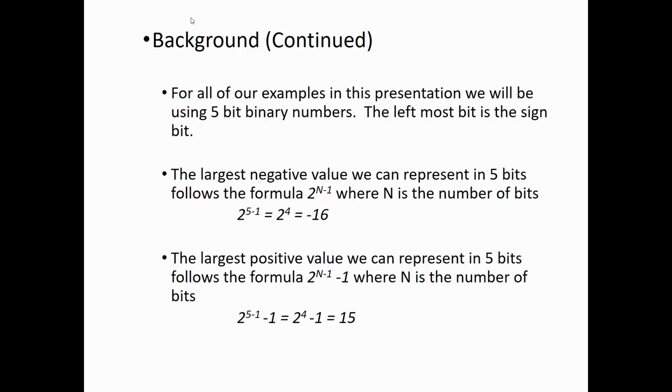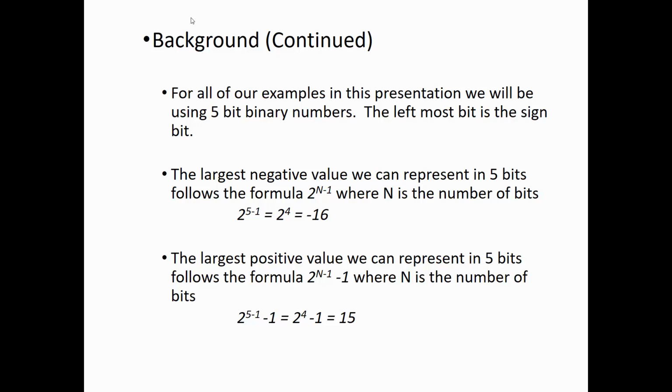The largest negative value we can represent in 5 bits is represented by the formula 2 to the n minus 1, where n is the number of bits. So for 5 bits, that's 2 to the 5 minus 1, which is 2 to the 4th, which is 16. Negative 16 is the largest negative number we can represent inside 5 bits.